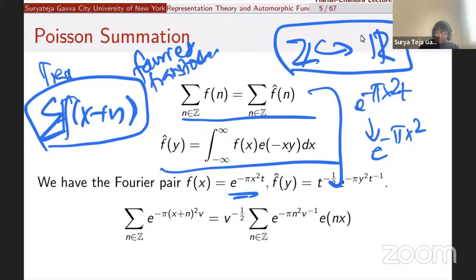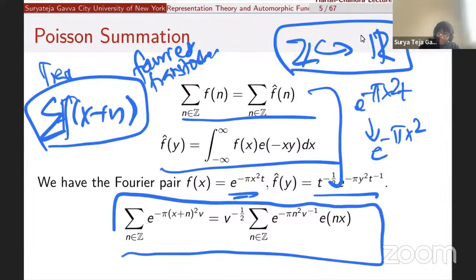You can have some extra parameters, and for e to the minus pi x squared t, there's a Fourier transform that looks like this. So if you use such a special function, basically a Gaussian, you'll get an identity of this form, and this identity is basically an identity for the theta series.